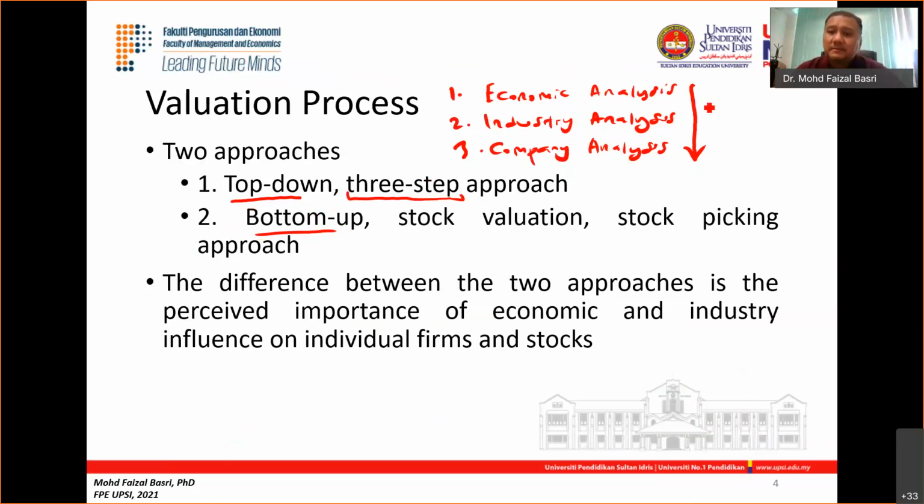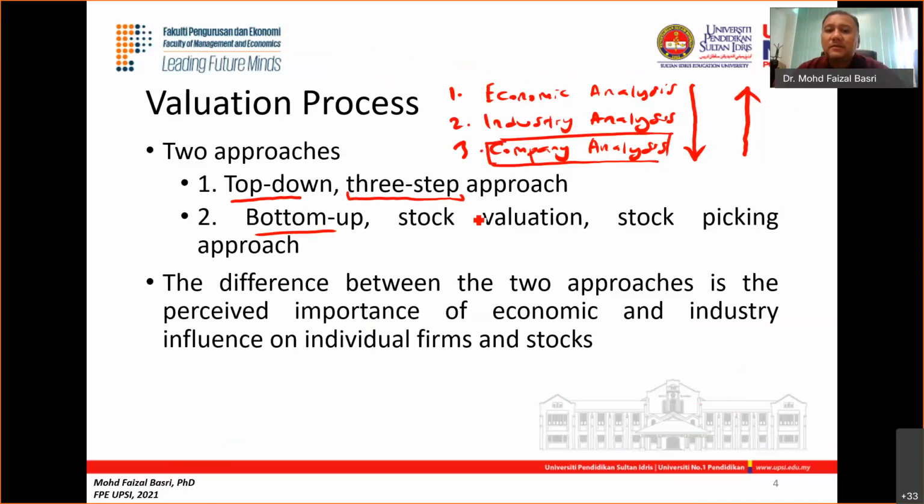And for the second approach, it is known as bottom-up. So the name indicates the arrow. It's going bottom up. Even though technically we see it's in reverse, right? But actually when we do bottom-up approach, we just do based on this step alone.